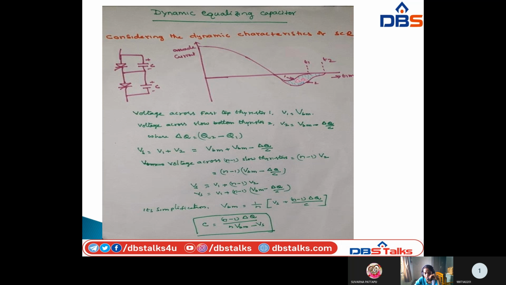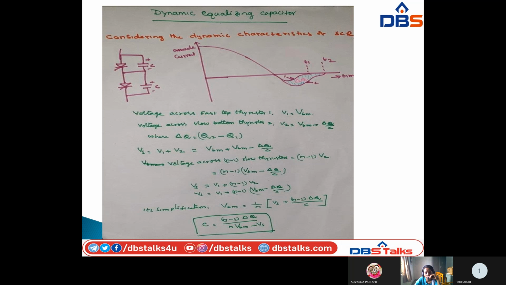After simplification, VBM equals 1 by N times Vs minus N minus 1 into delta Q by C. From this we calculate the capacitor C equals N minus 1 into delta Q by N VBM minus Vs. So by using the dynamic equalizing capacitor, we calculate the capacitor.